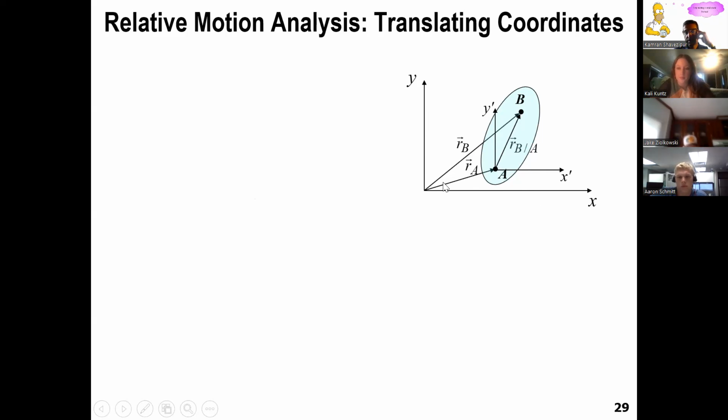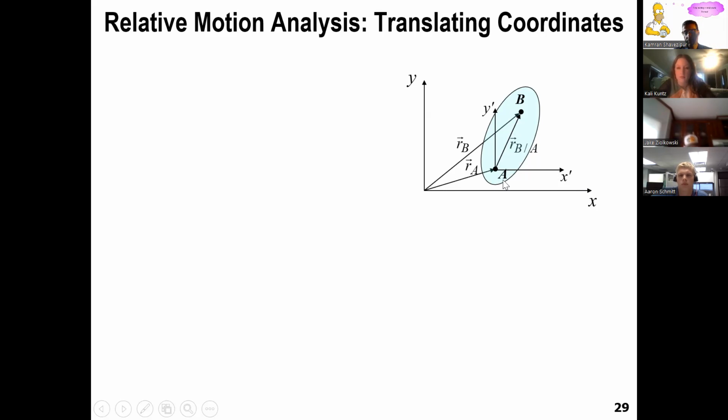RA represents the absolute vector position of A. And I'd say absolute vector means from a fixed XY coordinate system. X prime, Y prime, which is another coordinate system, is attached to A, but does not rotate with the rigid body, right? It just translates. RB is the absolute vector for B measured from this reference. And RB with respect to A is the relative vector in the X prime, Y prime coordinate system.